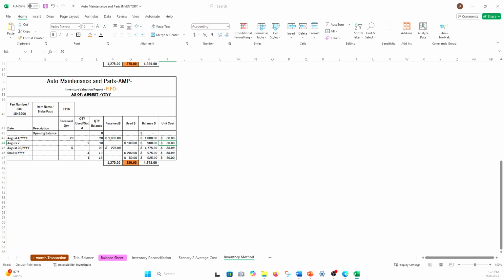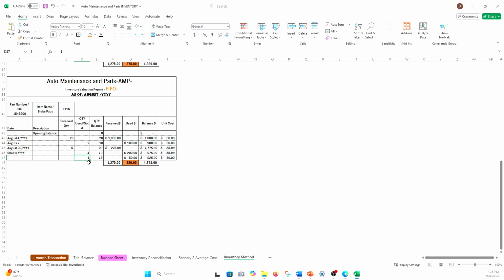We had to make sure that we sell all the first units that we purchased. So we had 20 here, we sold 2 here, we sold 4 here, and 1 here. So we had 2, 6, 7 units.